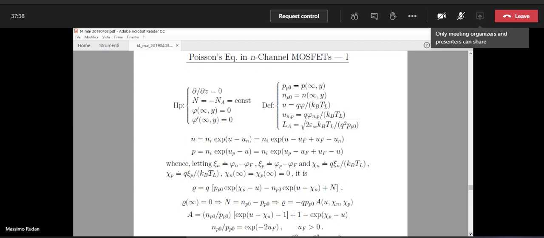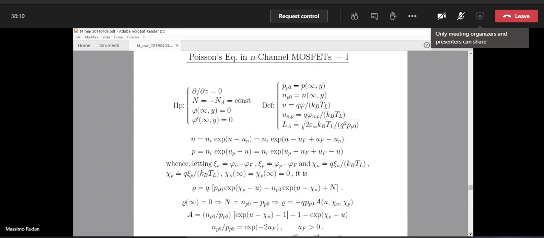In this case, at least for the moment, it is two-dimensional, okay? Because the electric potential depends on both x and y. Anyhow, we start by writing down the charge density that, as usual, is q times the concentration of holes minus the concentration of the electrons plus the net dopant concentration.